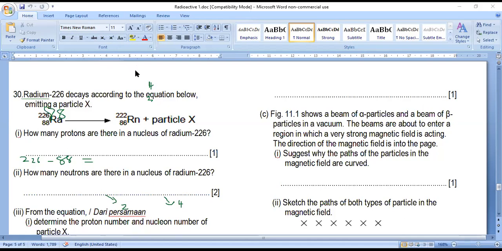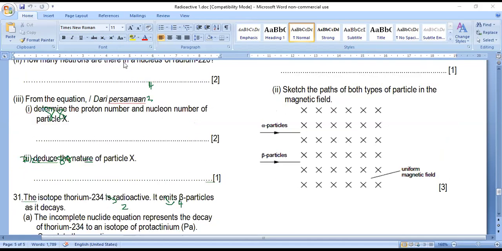The answer will be alpha particle. Don't write helium. If you write helium nucleus, it can, because it's not an atom. It's just a nucleus without the electrons. So alpha particle or helium nucleus, the best answer will be alpha particle.